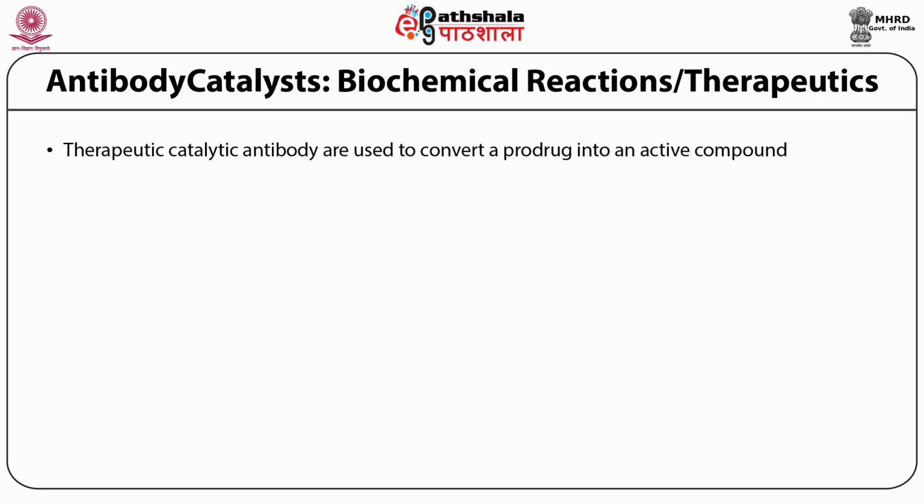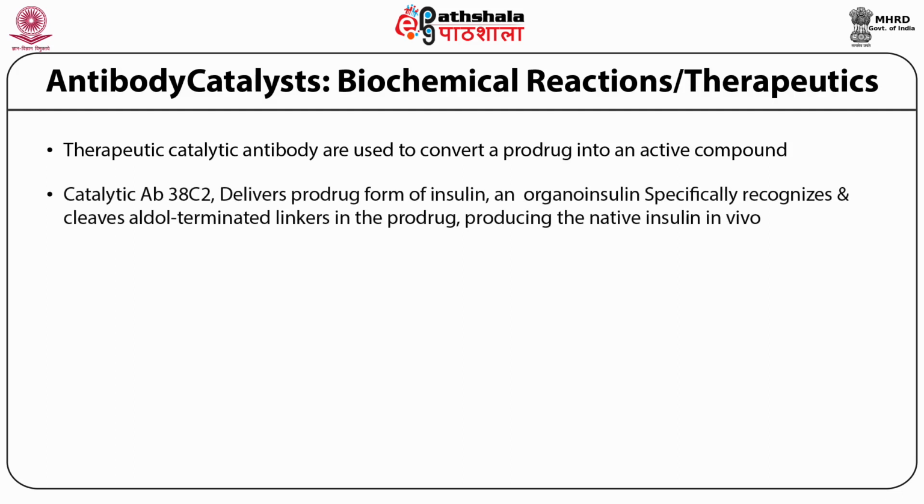So let us take the example of such a catalytic antibody, 38C2, which I had talked about in my introduction to catalytic antibodies, which has shown the highest activity till today.